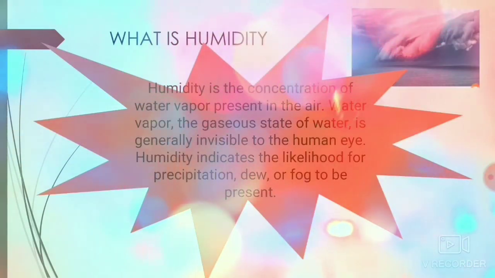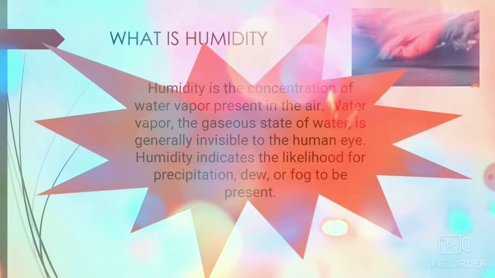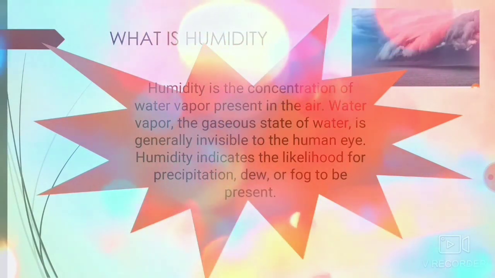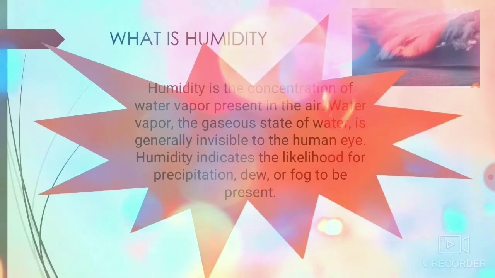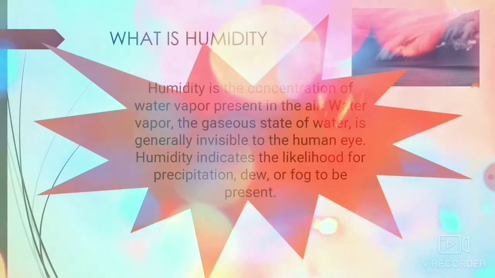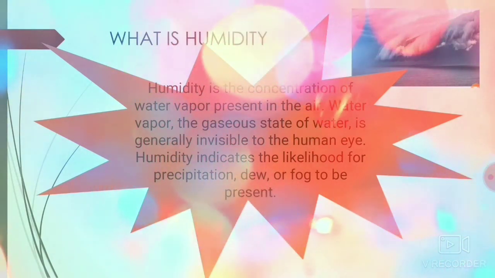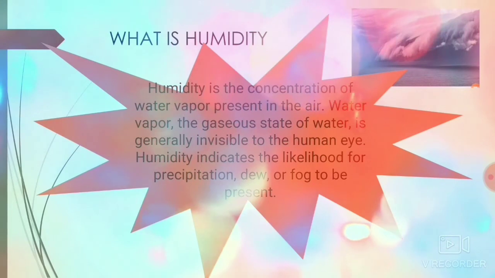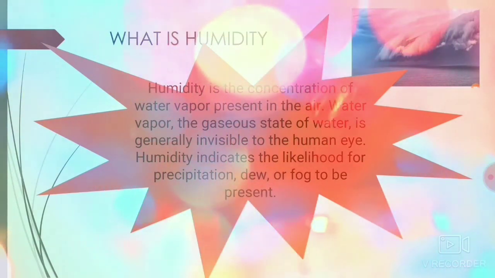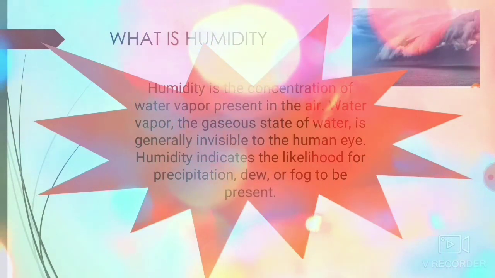So again, humidity is the amount of water vapor in the atmosphere. This water vapor reaches the clouds and from there the rain comes. So the amount of water vapor in the atmosphere is called humidity.